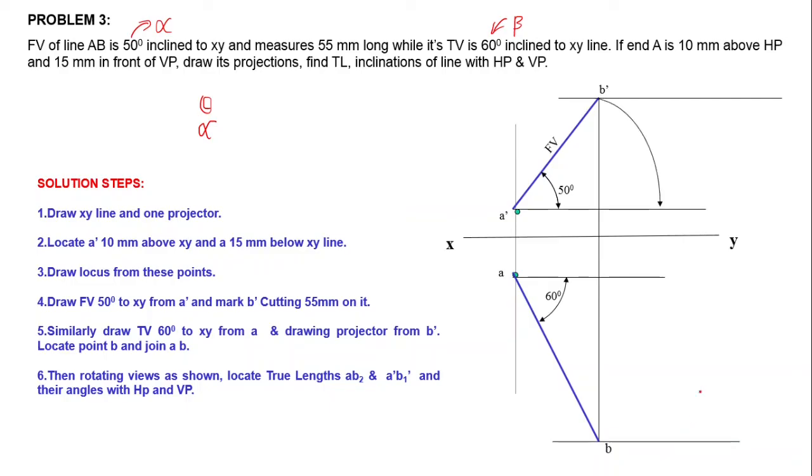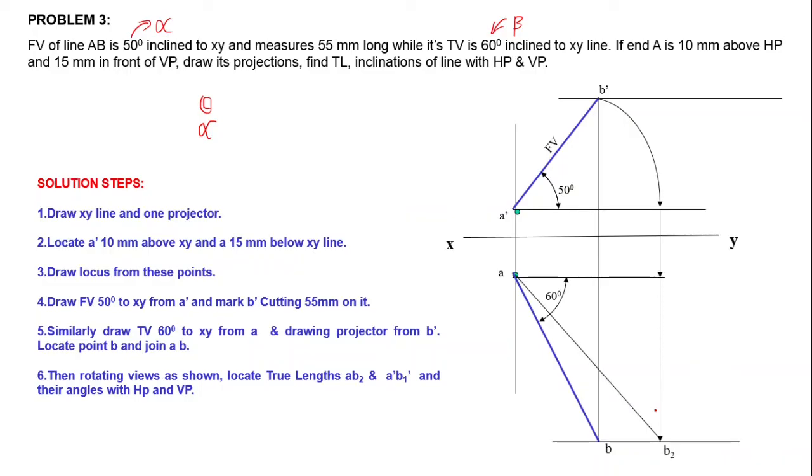Then we can rotate that front view in such a way that front view must become parallel to XY line. Then if that front view is parallel to XY line, its top view must be in true length. Then we can project this point, and we can find out the true length here, true length in top view, like this.